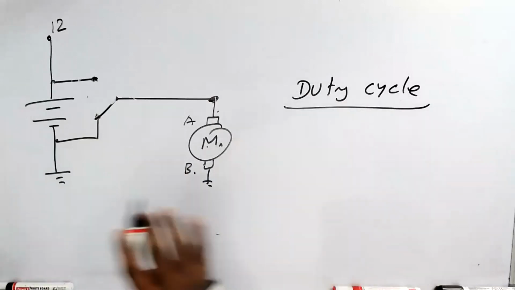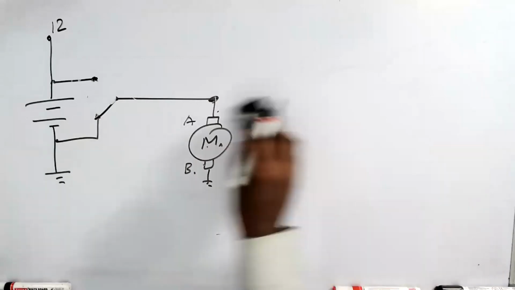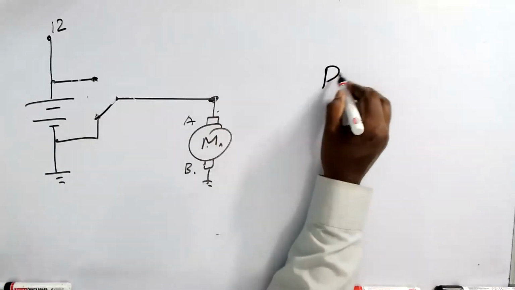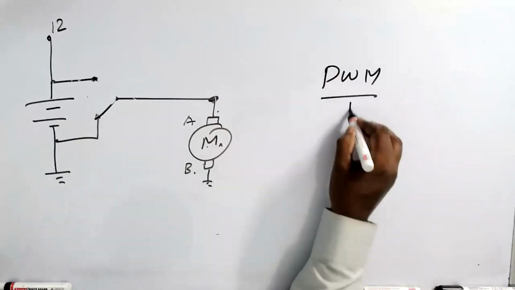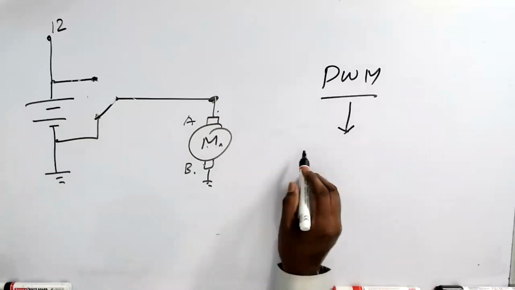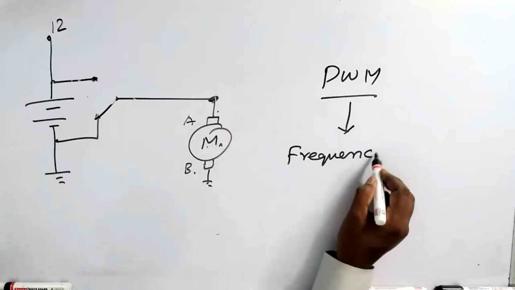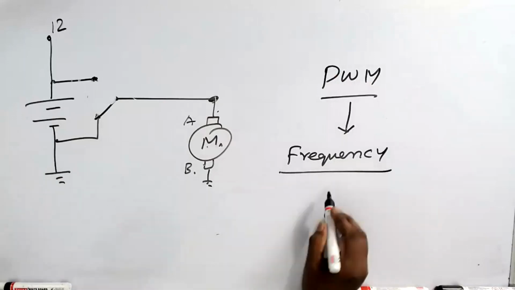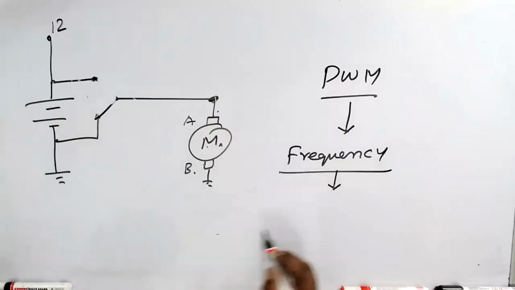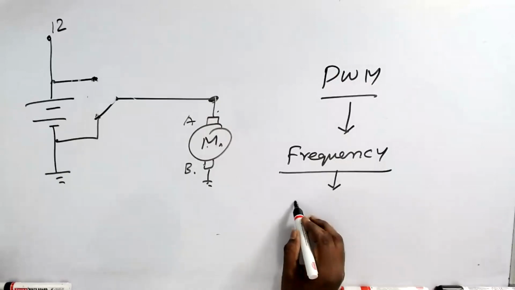So do you understand one thing? When I say PWM, there are two parameters they talk about. One is the frequency. The second one is the duty cycle.